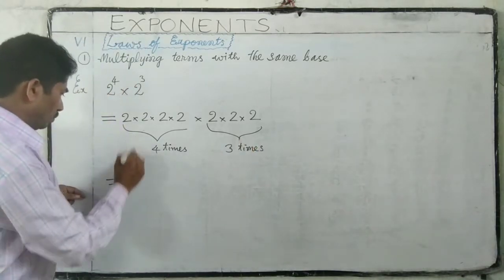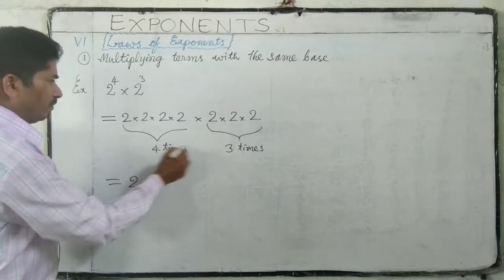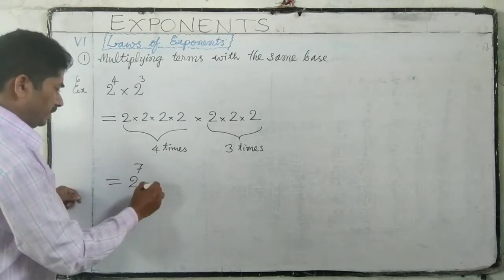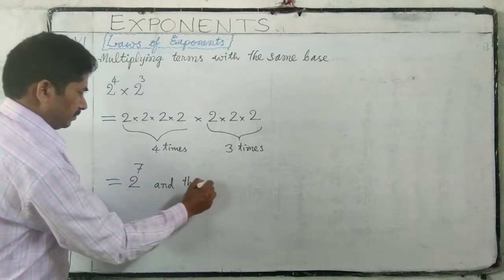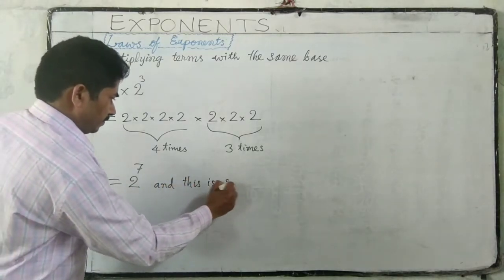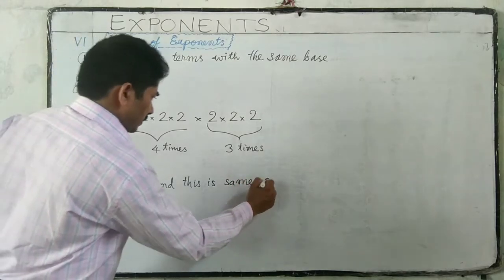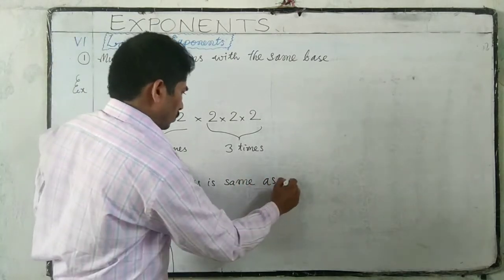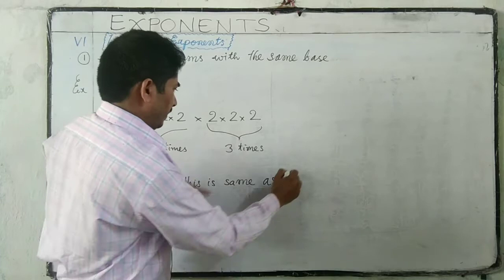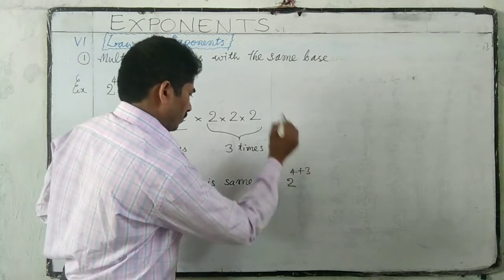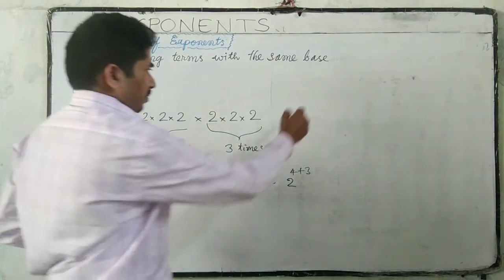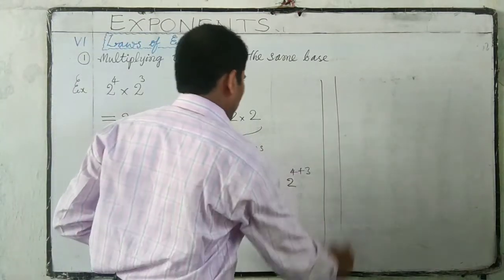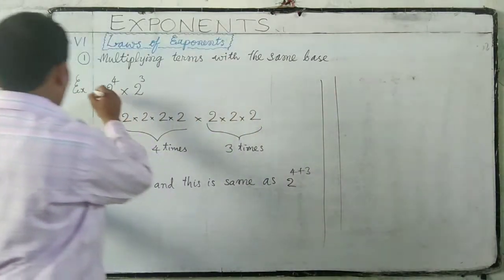That is equal to 2 to the power of 4 plus 3, which is 7. And this is the same as 2 to the power of 4 plus 3. Based on this, we can write one more directly. This is example 1.